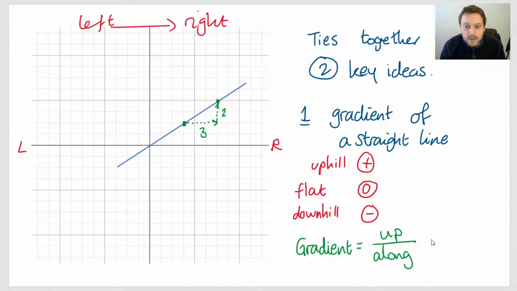So for this question, it's going 3 along, so that goes on the bottom, and 2 up, so that goes on the top, right? The up number goes on the top. So this line here has gradient 2/3. Okay, and that's it. That's the answer. So that's how you work out the gradient of a line.